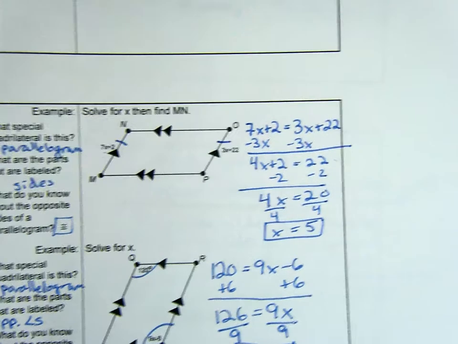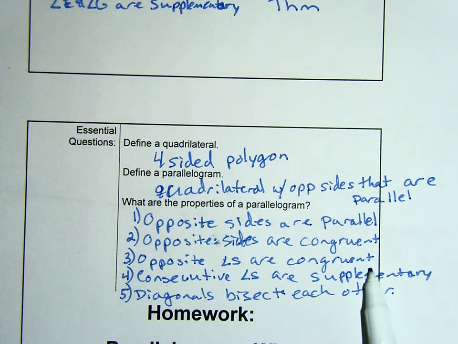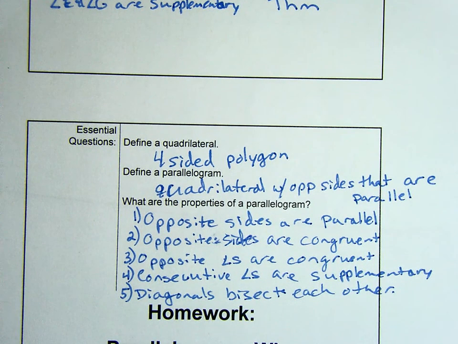You have to memorize these 5 properties. As we get more and more shapes, we are going to add or subtract properties depending on what shape we're talking about. So it's very crucial that you learn that in a parallelogram, opposite sides are parallel, opposite sides are congruent, opposite angles are congruent, consecutive angles are supplementary, and diagonals bisect each other.